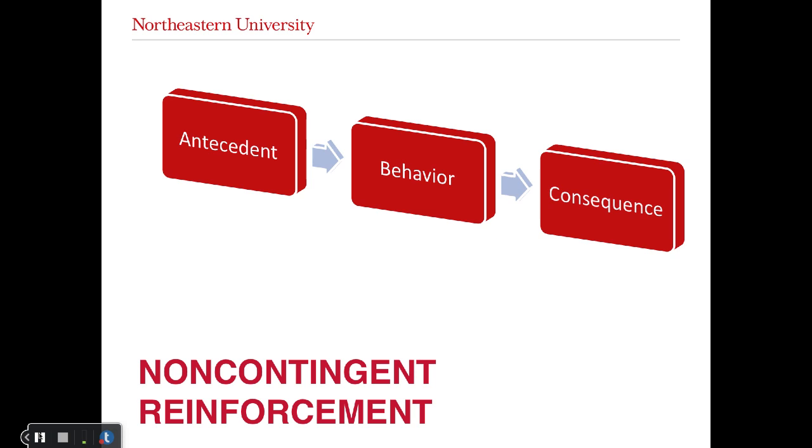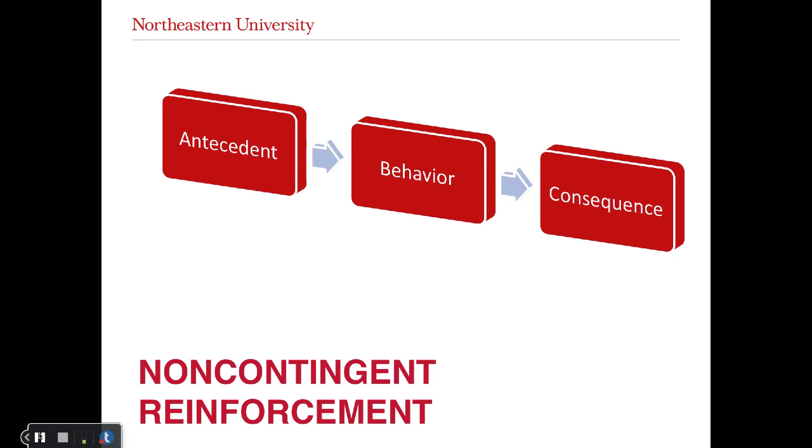Another concept, an advanced topic that you're going to talk about, is non-contingent reinforcement, which you may have talked about in other classes. For non-contingent reinforcement, you really want to consider whether or not you're talking about reinforcement. Non-contingent reinforcement is also called time-based schedules of reinforcement.